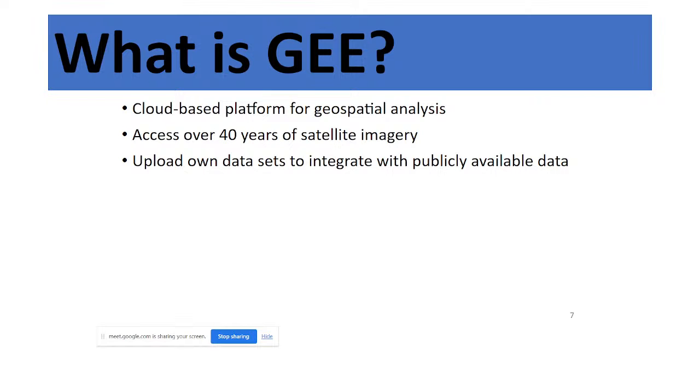Suppose you download high resolution satellite imagery, such as SPOT or Maxar imagery. If you want, you can upload it to Google Earth Engine and work with it. You can also easily apply different types of algorithms to your data, whether raster or vector.